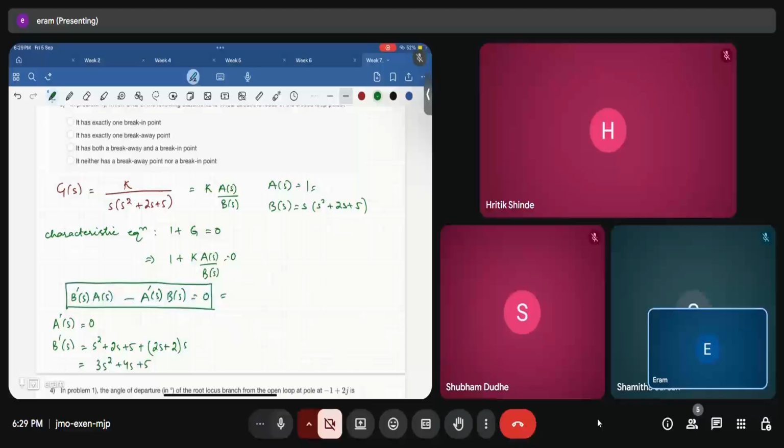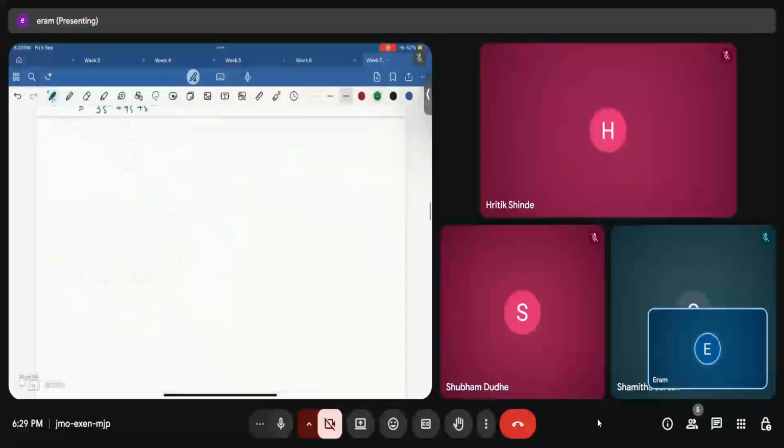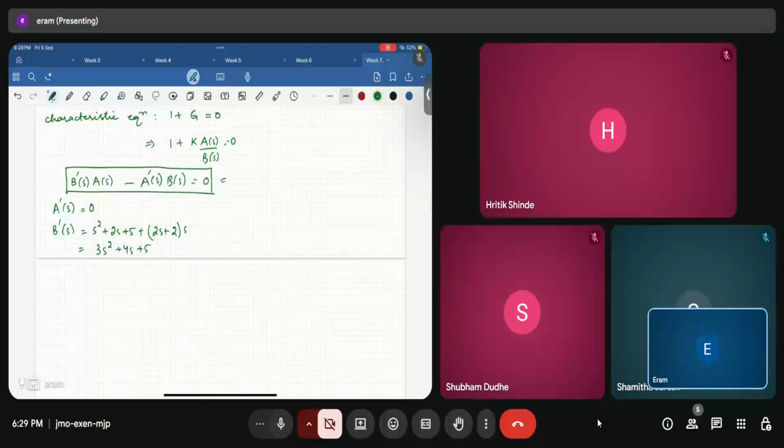If we calculate it, we will have 3s square plus 4s plus 5, and A is 1, so just multiply by 1, and A' is 0, which is constant. What will be s then? As we have already calculated, s will be minus 1 plus or minus 2j.